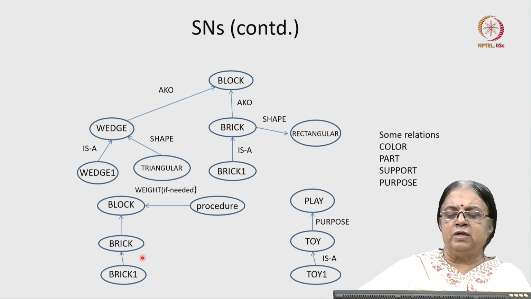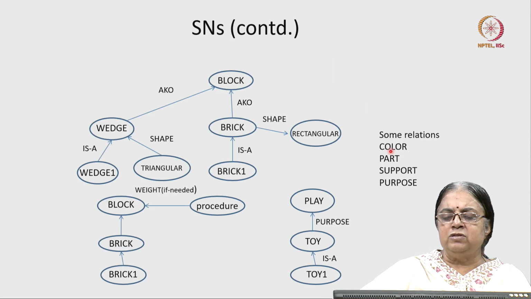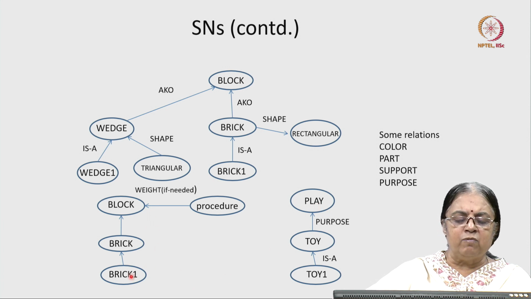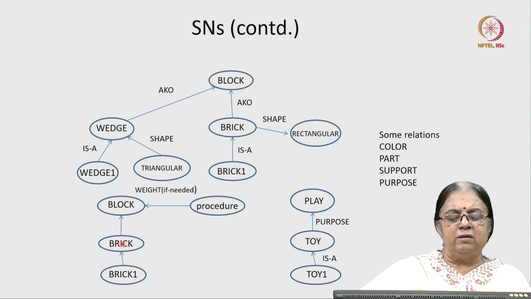So, here are some more examples. Some of the relations you could have are color, part, support, purpose, etc. Suppose I have toy 1. Toy 1 is a toy and the purpose of that toy is to play. Or you could have brick 1, which is a brick and it is a subset of block, or you can say a kind of, AKO, like they have put here, block.